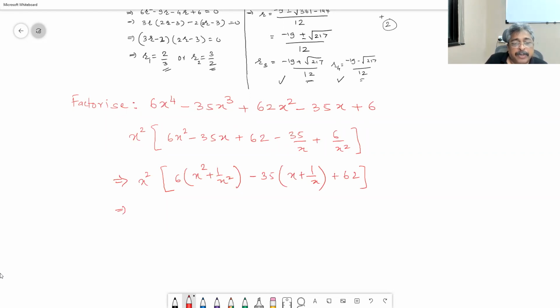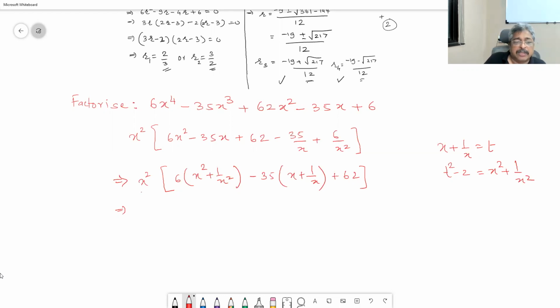Now we can consider x plus 1 upon x equal to t, and therefore t square minus 2 is equal to x square plus 1 upon x square. For the time being, let this x square stay outside.